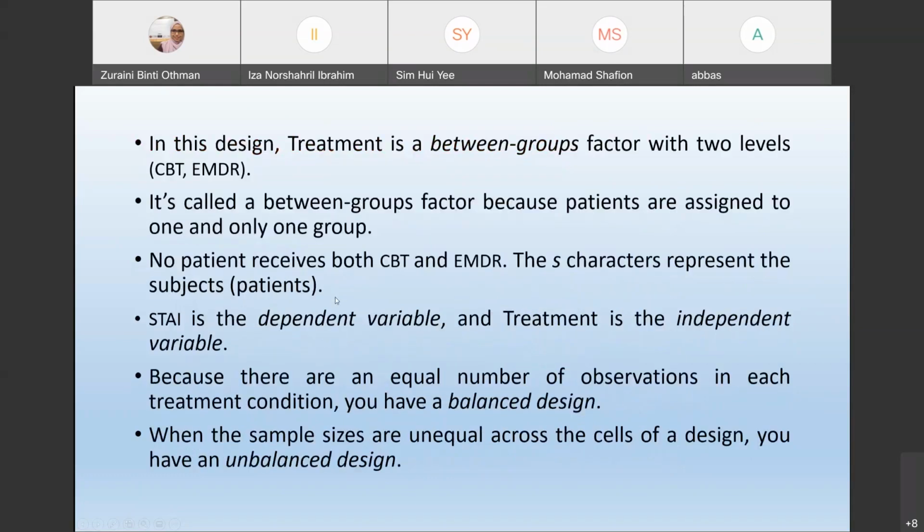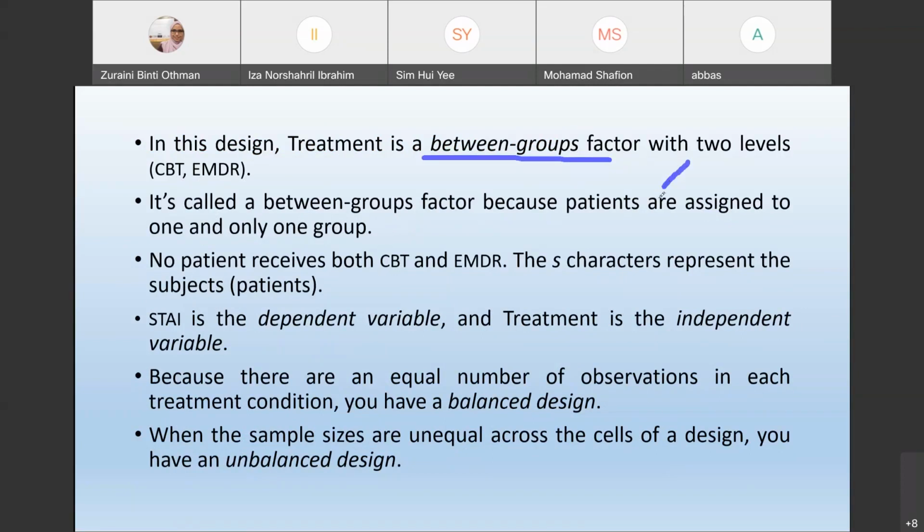Then in this design, treatment is a between-group factor. We have one term, which is between-group factor with two levels, CBT and EMDR. We call it treatment is a between-group factor. It is called between-group factor because patients are assigned to one and only one group. They do not share the treatment, they do not share the therapy.